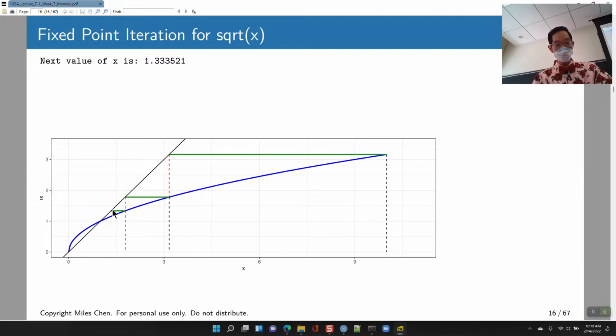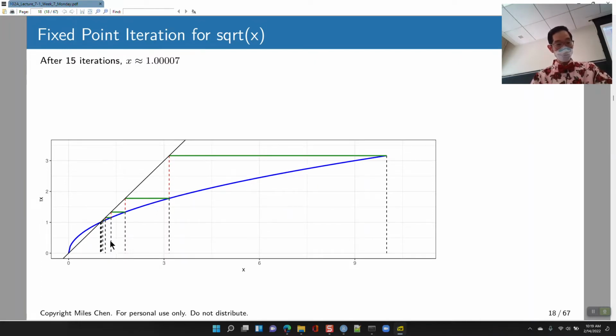The square root of that is 1.333. Square root of 1.333 is 1.154. And we keep going. After around 15 iterations, I'm at around 1.0007. And then at some point, I can just say, all right, the difference between this value and the previous value changed less than, say, 1/1,000,000th, and you say, okay, that's close enough.